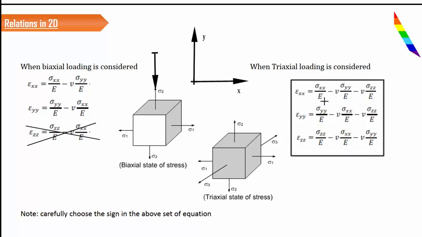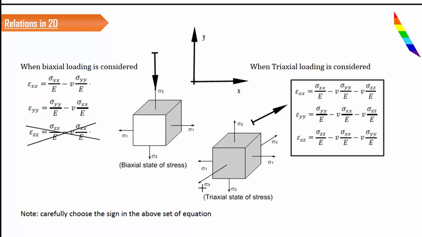Okay, and for a very simple way of understanding it, learn this particular figure by heart, and for this figure you learn this equation, because this set of equations is defined for an element where sigma x, sigma y, sigma z all are creating a tensile effect. There is no compressive load here. Suppose you have a compressive load in any direction, you change the sign correspondingly.